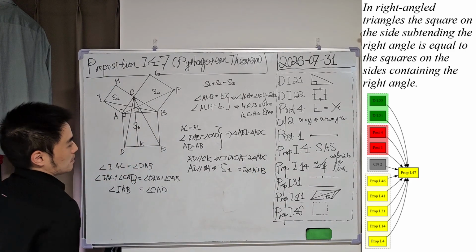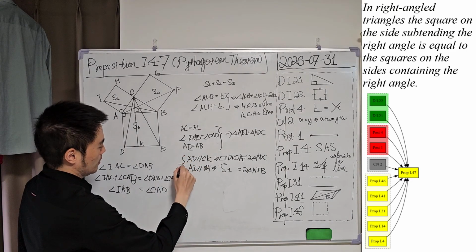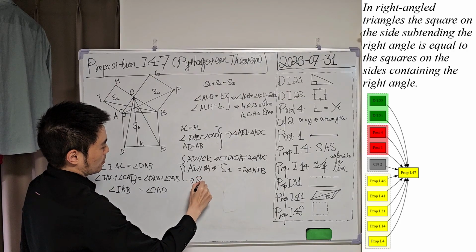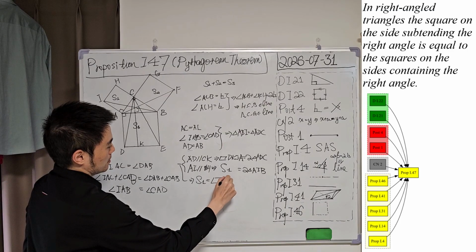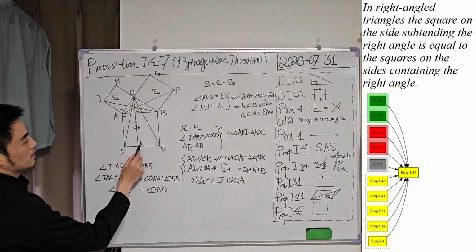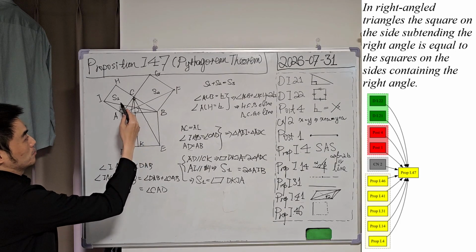If we combine these two equalities together, we can imply that square 1 is equal to parallelogram DKJA, this rectangle is equal to this square.